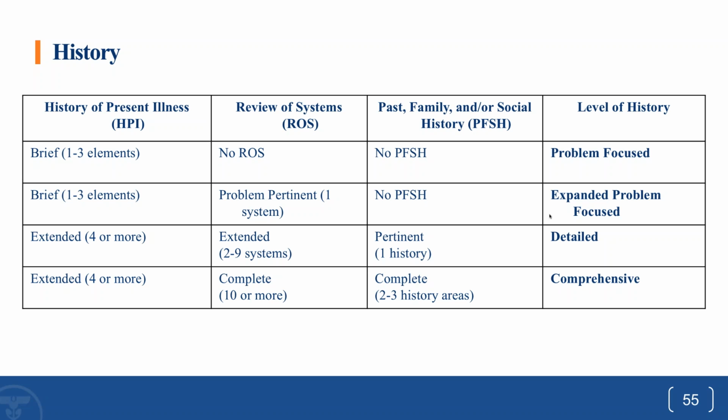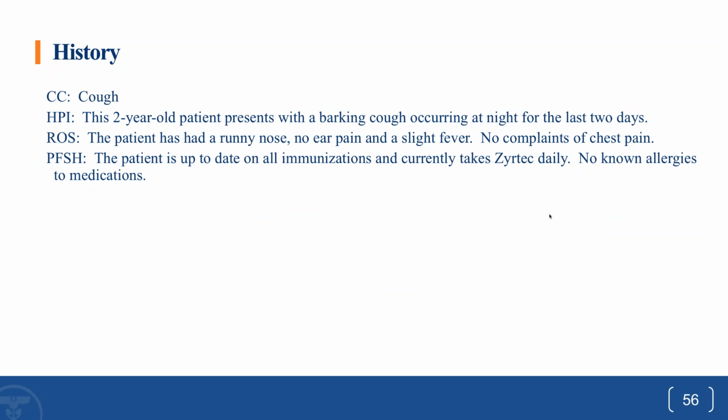This is a grid calculator to help you understand the level of the history based on what we just spoke about. And we're going to have examples of that. So don't worry, I know you're ready for it. So here's the example. What does this patient have? Their chief complaint, patient came in with a cough, right?